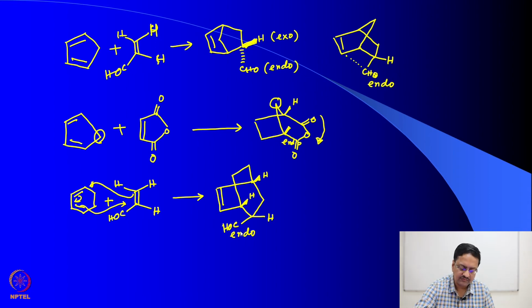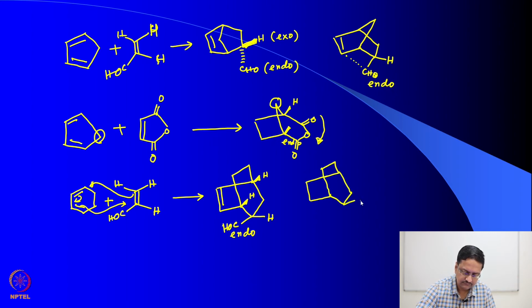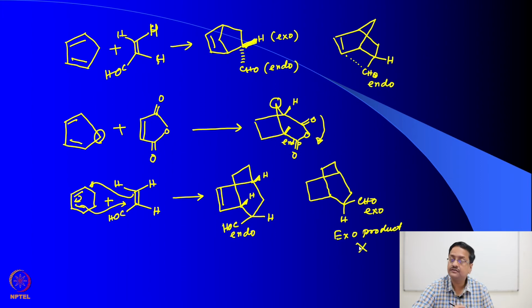The other possible compound would have been this one, so this is called the exo product, which does not form.